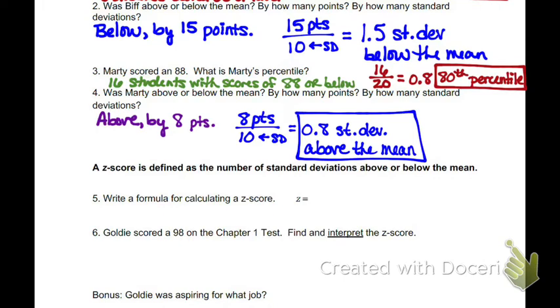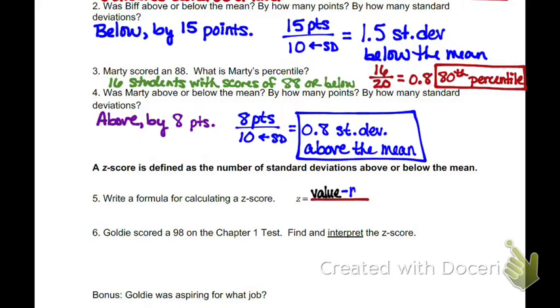We have been calculating a z-score. You didn't know it, but I had you calculating something called a z-score. To find a z-score, we're going to take our value, whatever that value is. So like Biff's 65, and Marty's 88. So these individual values.